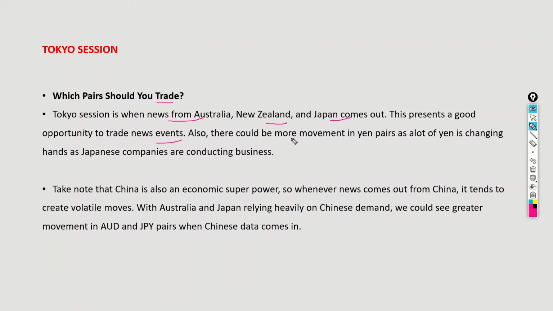Also, there could be more movement in yen pairs as a lot of yen is changing hands as Japan companies are conducting business. Take note that China is also an economic superpower. So whenever news comes out from China, it tends to create volatile moves. When Austria and Japan rely heavily on Chinese demand, we could see greater movement in Aussie and yen pairs when Chinese data comes in.